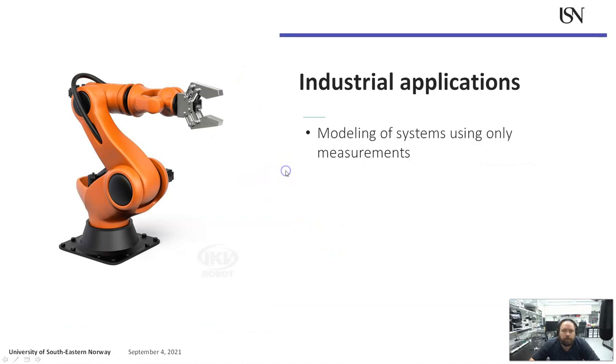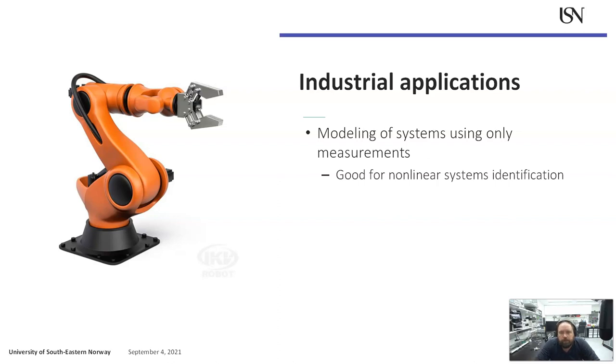A little bit about industrial applications also, because machine learning does indeed have applications in the industrial world, which is interesting for us engineers to know about. So there are examples of systems where doing any kind of physical modeling is simply impossible.